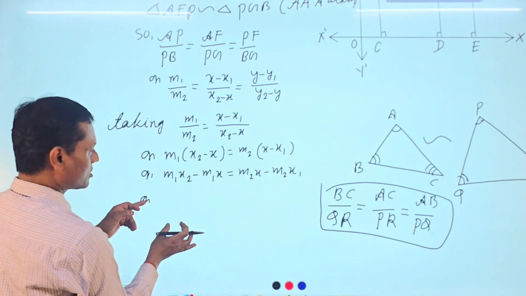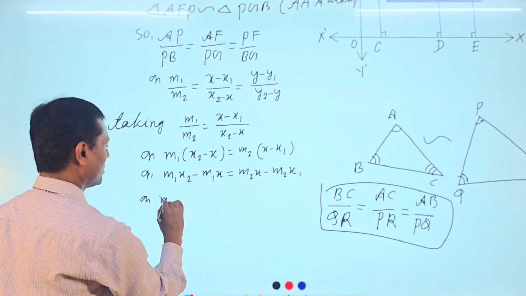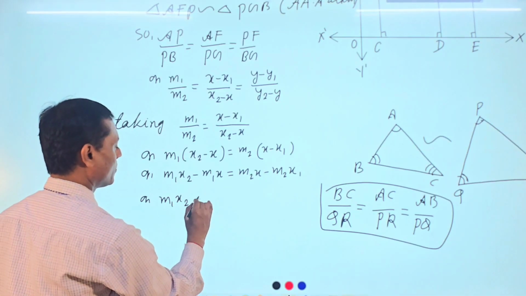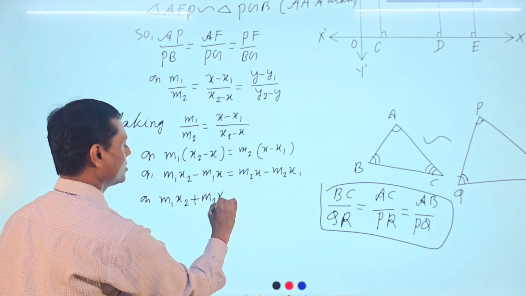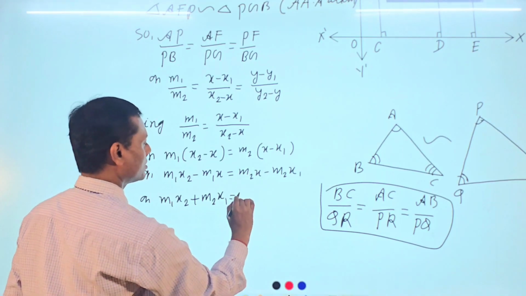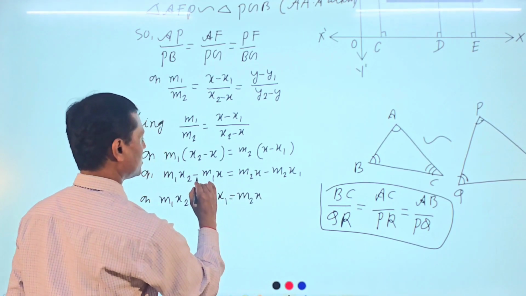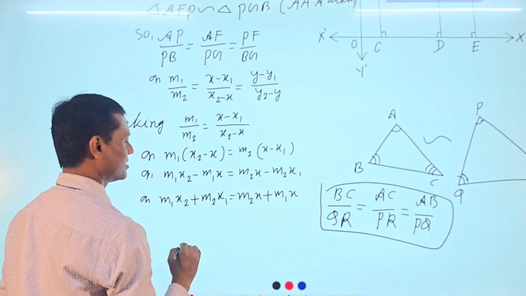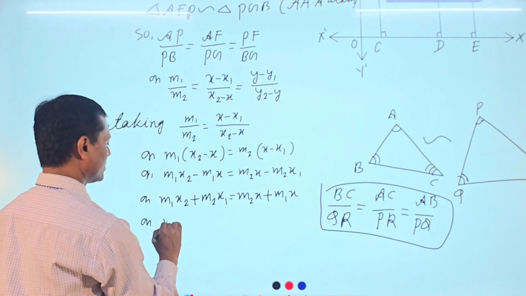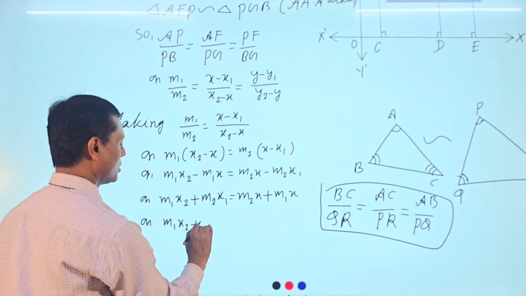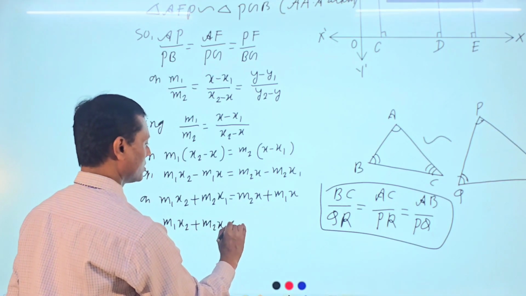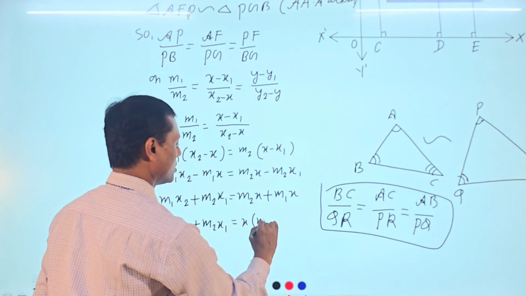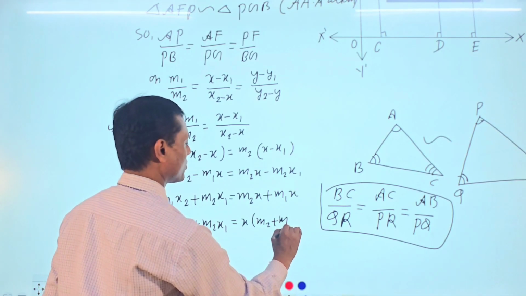Now bring this to the left hand side. So we have M1X2 plus M2X1 equals this part M2X. This, when it goes to the right hand side, becomes M1X, understanding? So M1X2 plus M2X1 equals, taking X common, (M2 plus M1)X, isn't it?